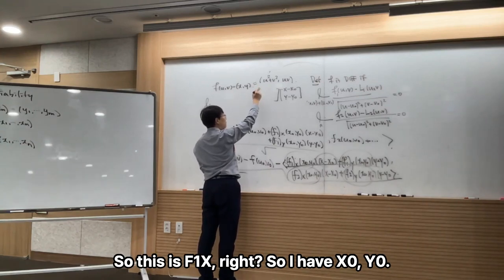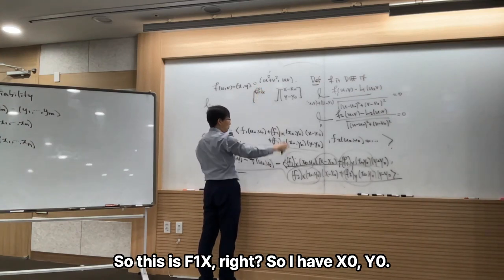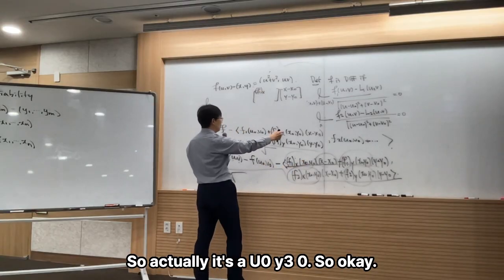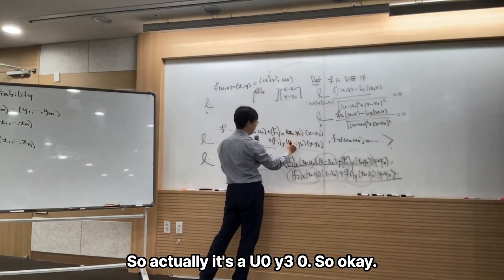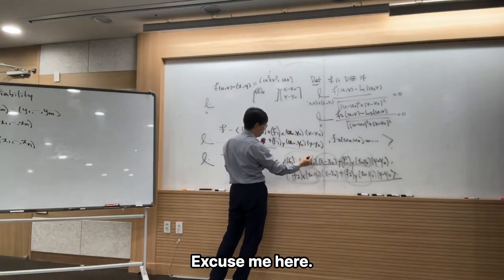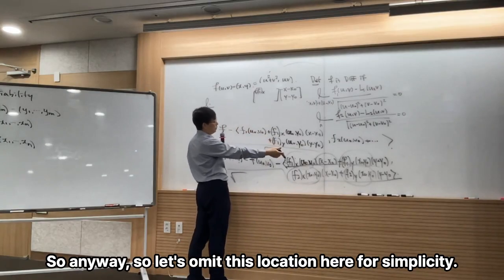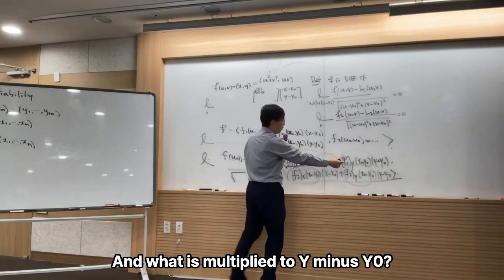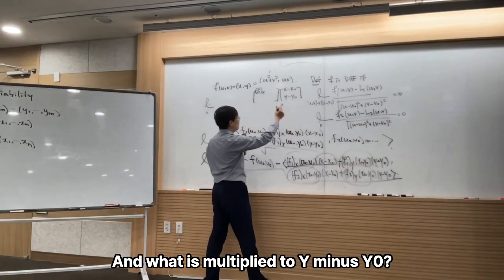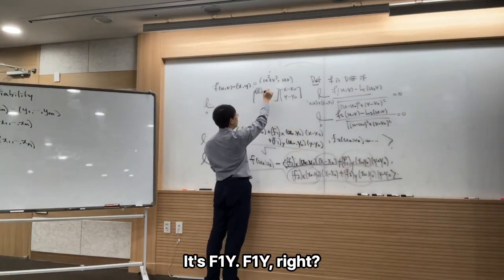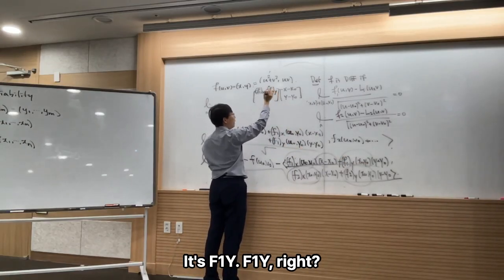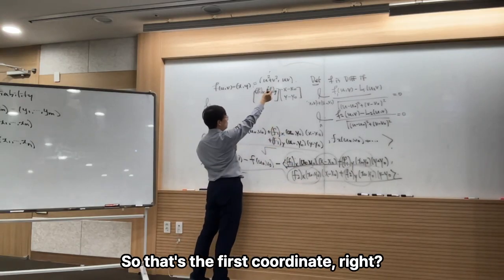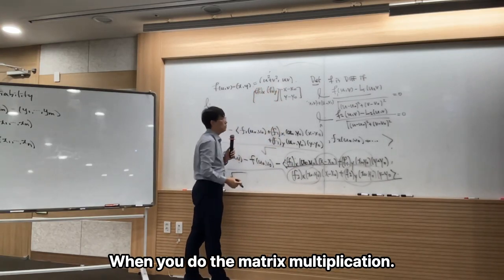So this is f1x, right? I omit x0, y0. Actually it's u0, v0. Anyway, let's omit this notation here for simplicity. And what is multiplied to y minus y0? It's f1y. So that's the first coordinate when you do the matrix multiplication.